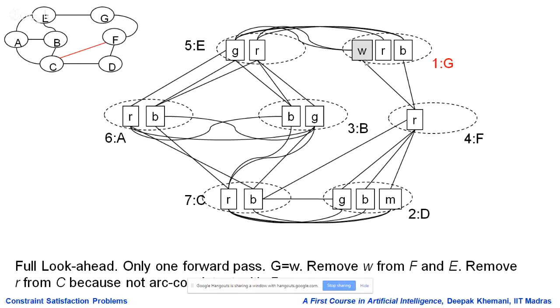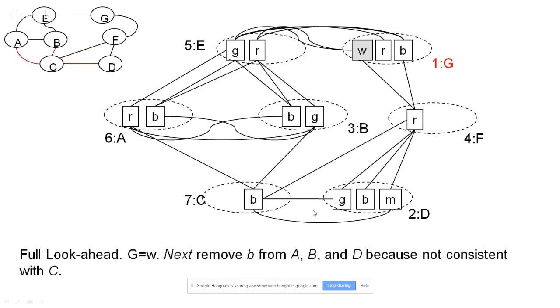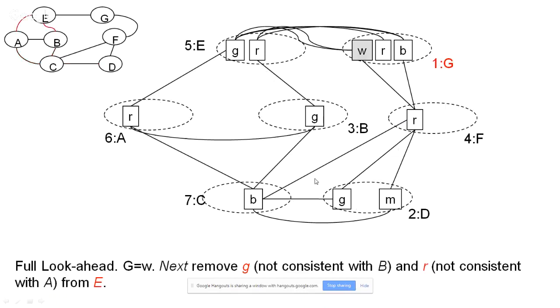So if you choose W or white for G, and now you're doing full look ahead, then you end up removing B from A, B, and D, because they are not consistent with the value for C, and you end up removing some more values because you are doing this full look ahead.